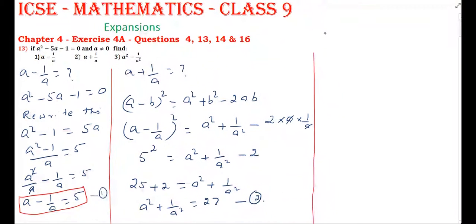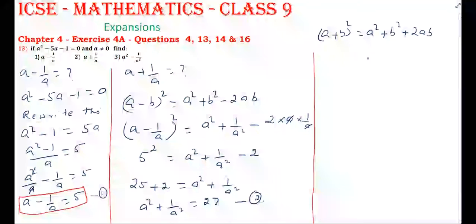So now we know the formula: a plus b the whole square equal to a square plus b square plus 2ab. Actually we need to find out a plus 1 by a, so we can apply it here.